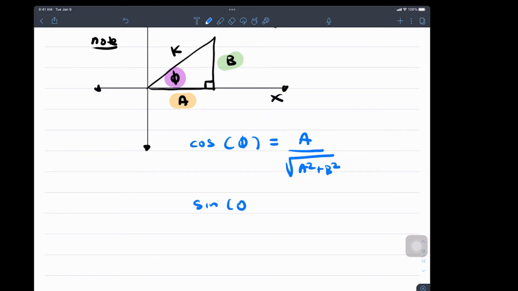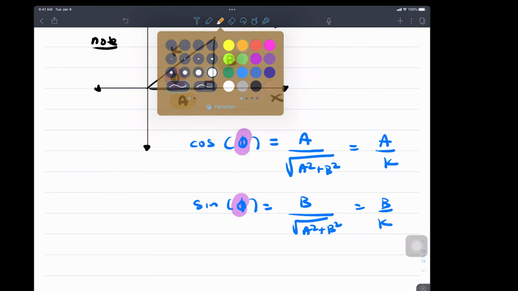And then sine of phi is going to be opposite over what? The square root of a squared plus b squared, or k. So we can write that as a over k, right? Or b over k. Okay, you guys okay with that? That's the angle phi. And then you have your colors, because this is from right triangles here.